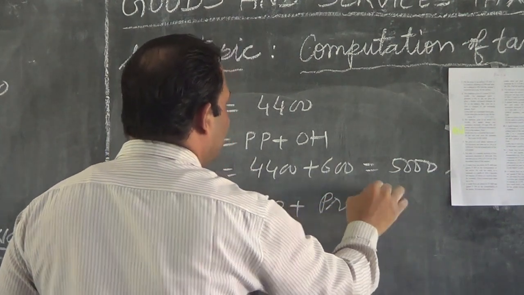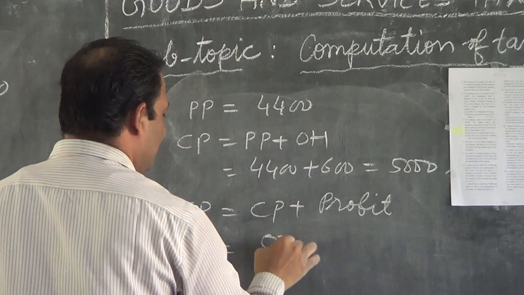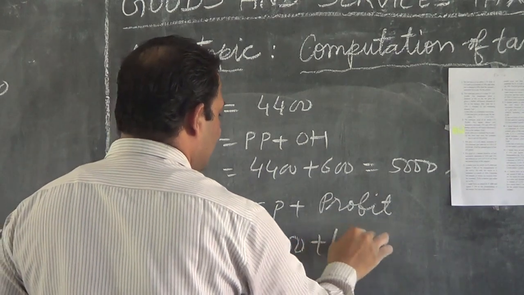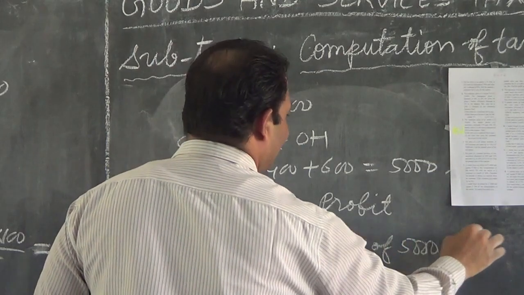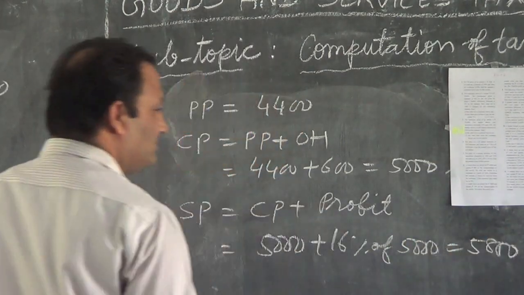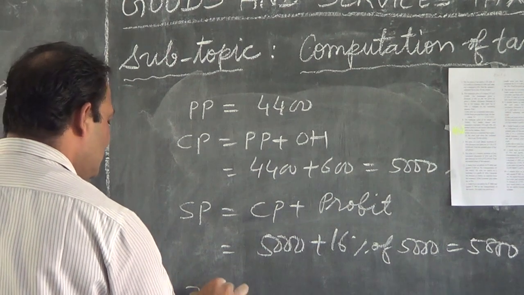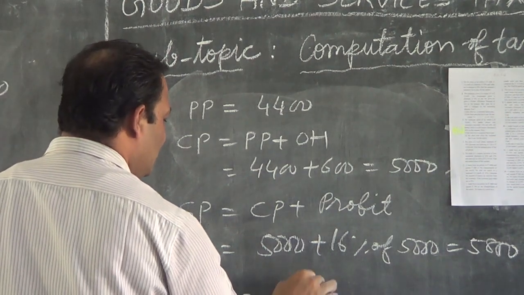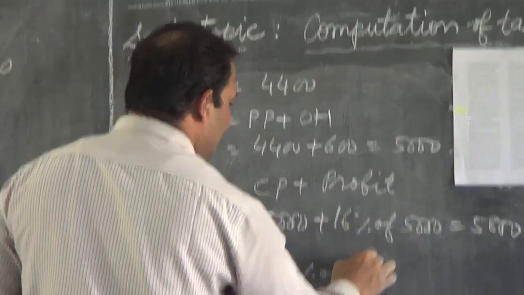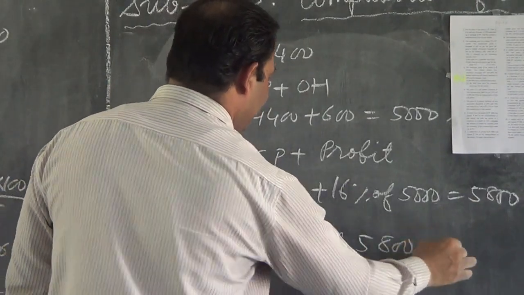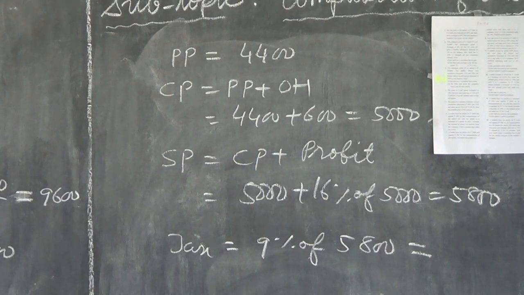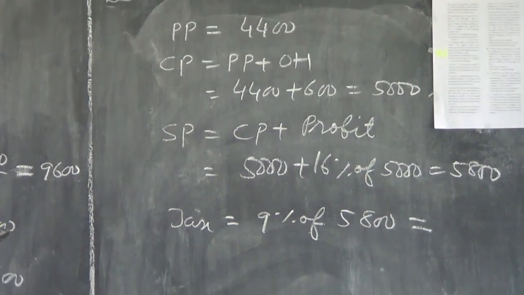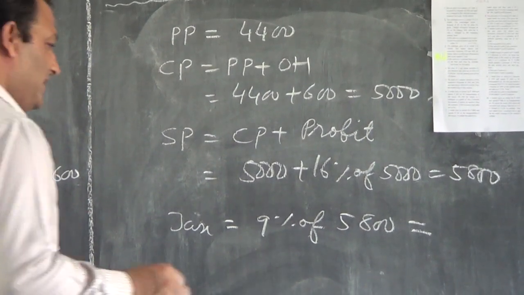CP is 5,000 plus 16% of 5,000. That equals 5,800. Then tax equal to 9% of 5,800. 9% of 5,800 will be the tax. So 5,800 into 9%. Answer is 522.